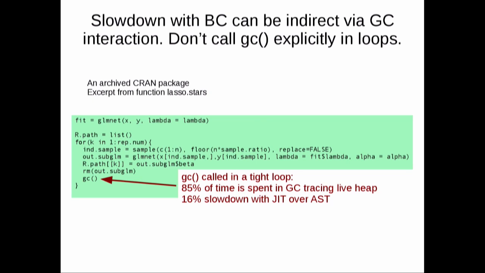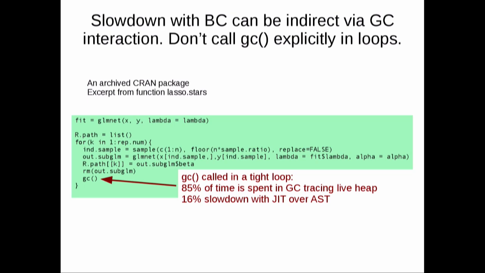There is one more example of something not to do in general, and not only because of the bytecode compiler. If you have a very hot loop, like in one of the recent packages, don't just call GC explicitly in that loop like it is done here. This program spends 85% of time garbage collecting, but it is actually not doing any useful work.